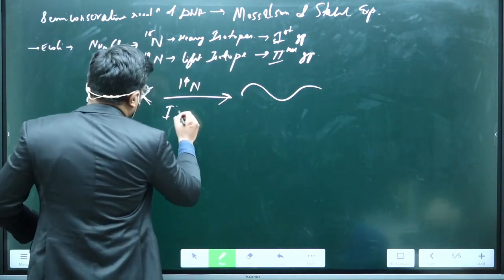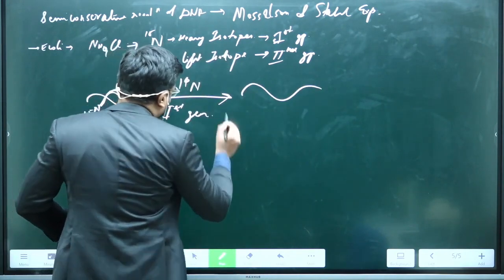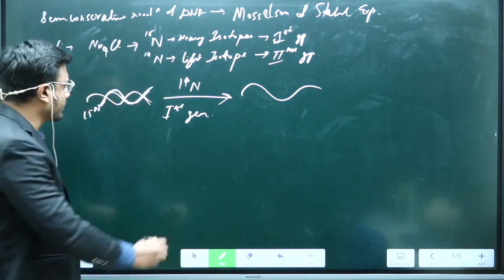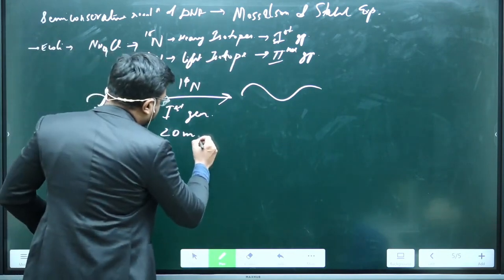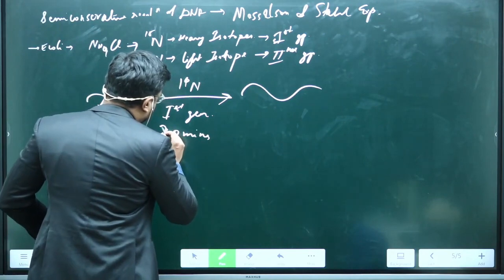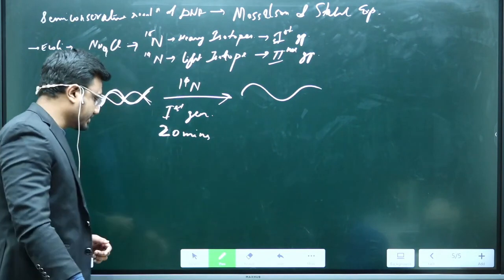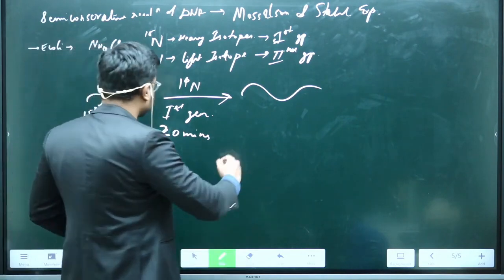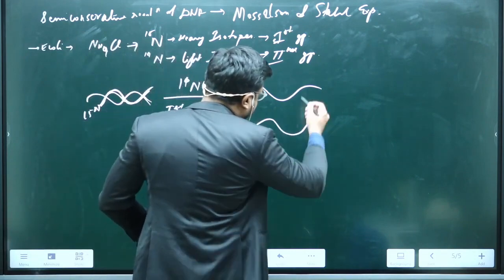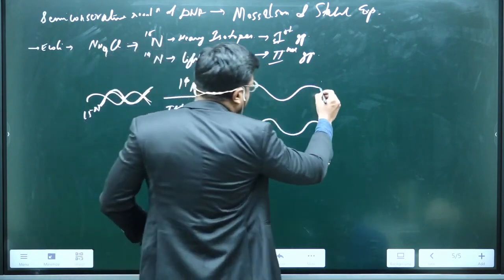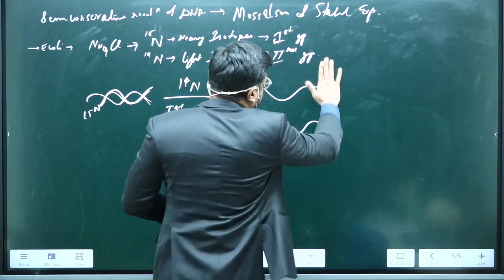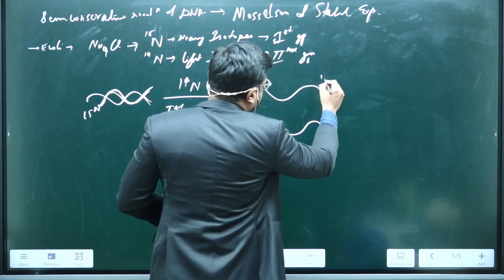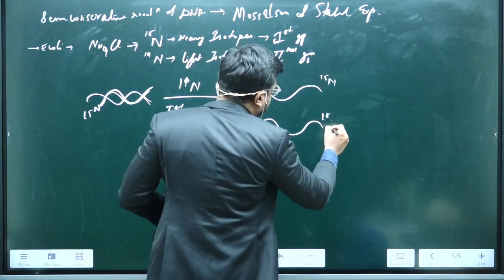This is the first generation. One generation of E. coli takes place in 20 minutes. So here we have the parent heavy strands. This is the heavy strand, represented by 15N, and this is also 15N.